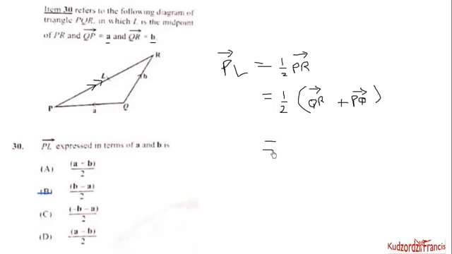We know that QR is B. This vector is B. And we're given that QP is A, but we know QP is the negative of PQ.